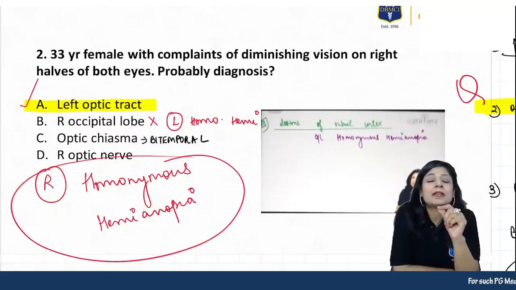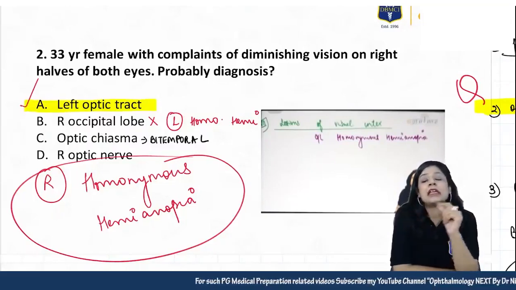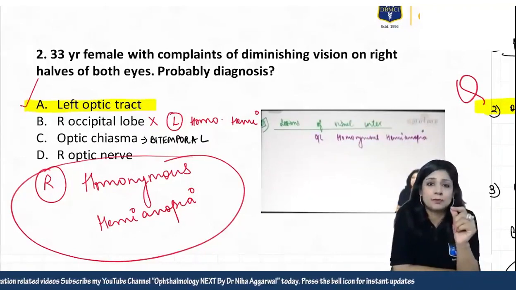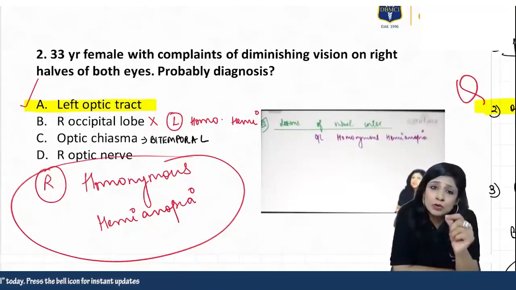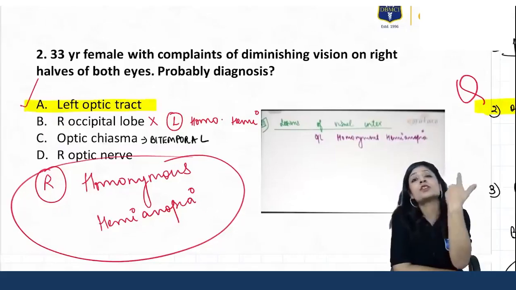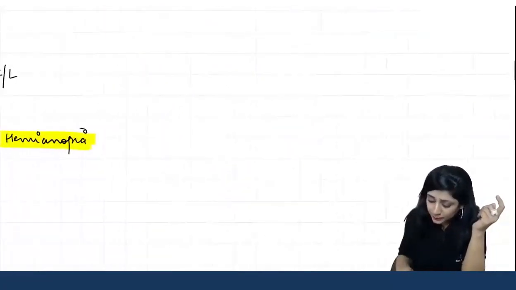That is, right optic radiations will cause the left homonymous hemianopia, and the left optic radiations will cause right homonymous hemianopia. So you cannot differentiate then. But if they give you temporal lobe, then that will cause contralateral superior quadrantopia. If you remember the optic radiation, see.